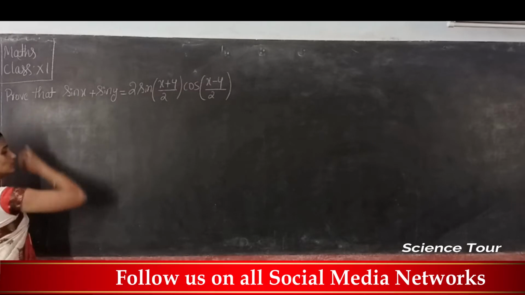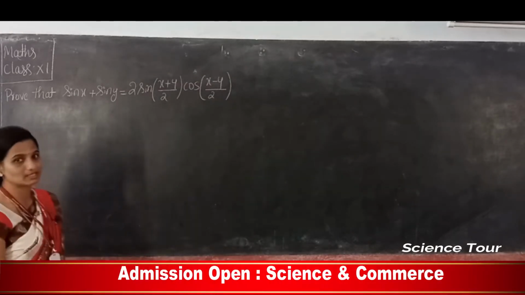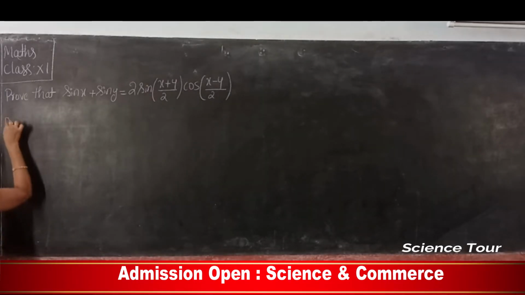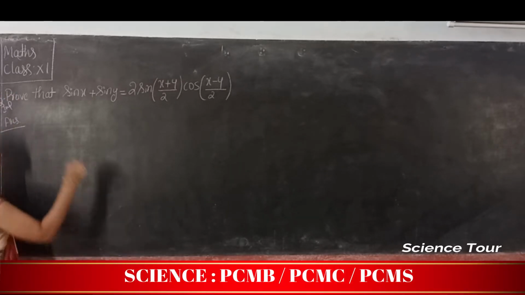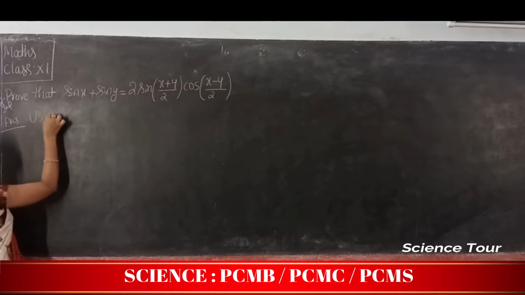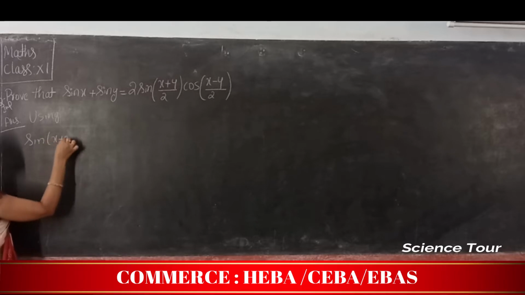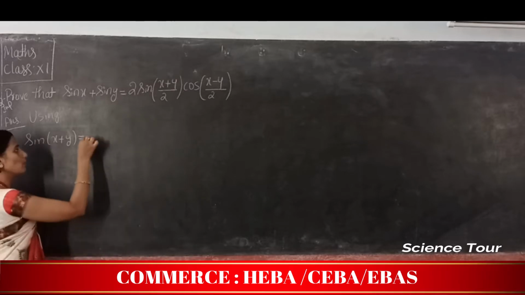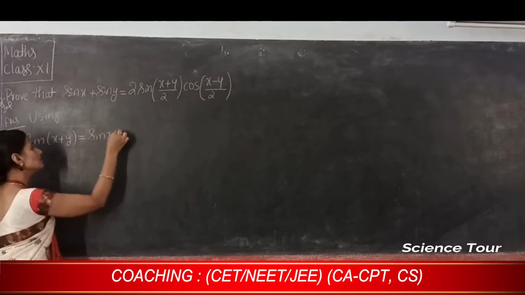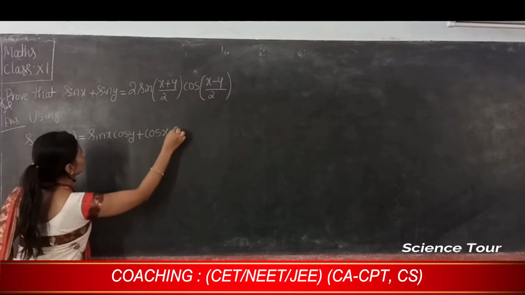So now to prove this one, we will use the formulas sin (x plus y) and sin (x minus y). Proof is important for 2 marks. Now, using the formulas, which formula? It is sin (x plus y). So sin (x plus y), what is the formula? It is sin x cos y plus cos x sin y.